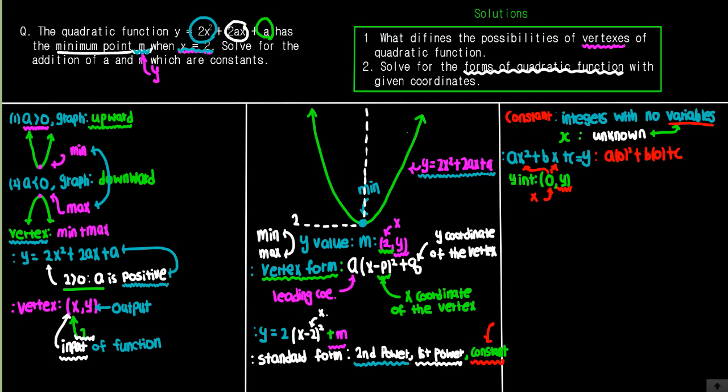The x terms simply cancel out because we have our 0 term, and then we get y is equal to c. So that's why standard form is optimized when it comes to solving for the y-intercepts of the quadratic function.